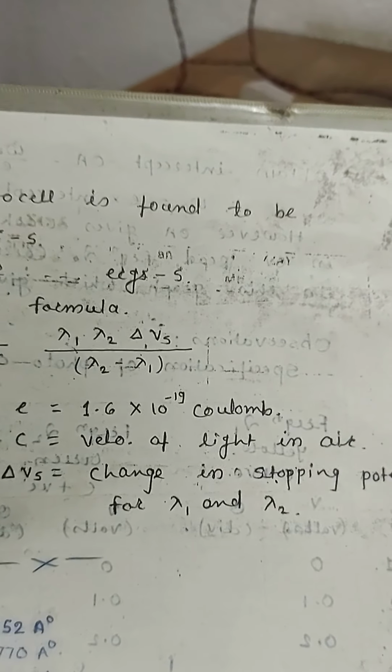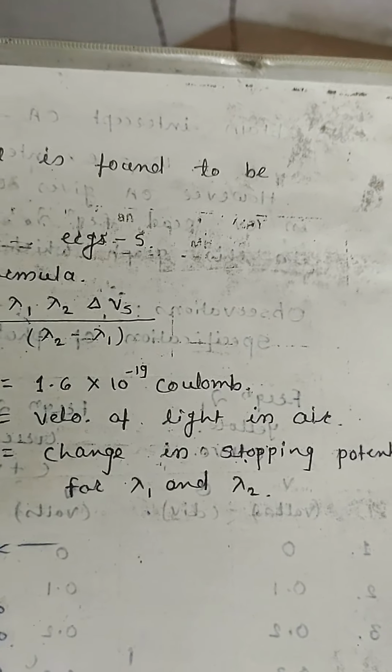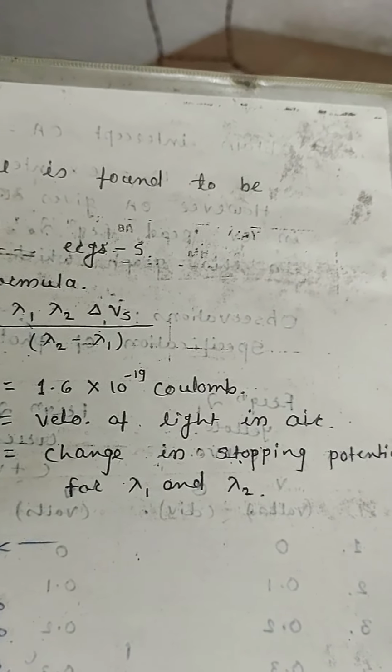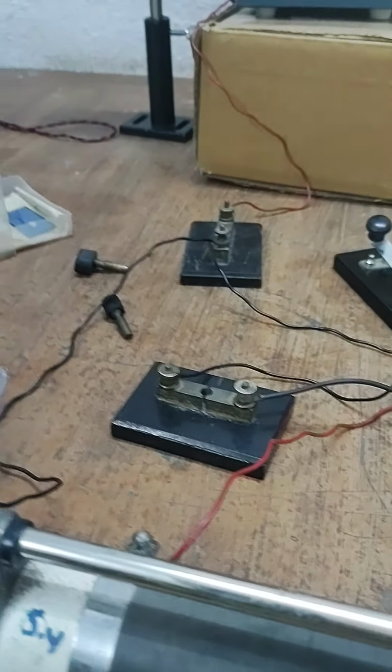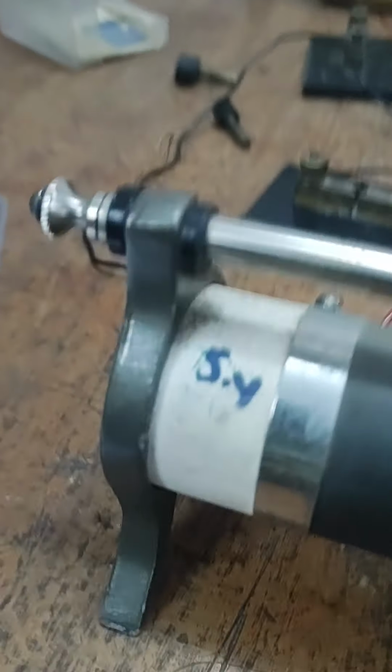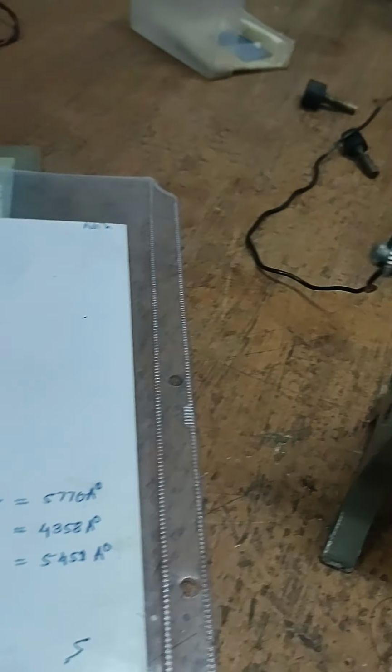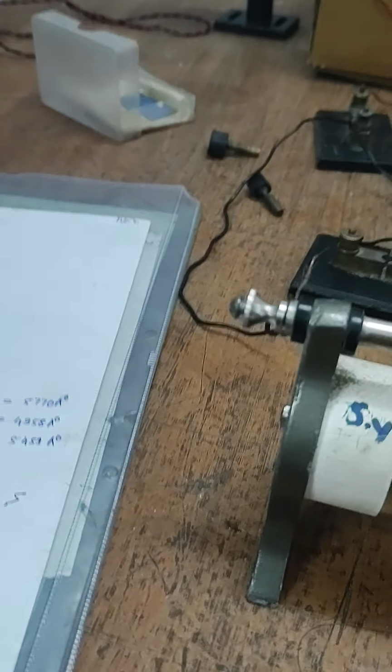So 0.34 minus 0.31, that will be delta V, and the denominator is lambda 2 minus lambda 1. So the respective wavelengths, wavelength of green light minus wavelength of blue light. So this difference we will take. So this is how you will find out Planck's constant, H.